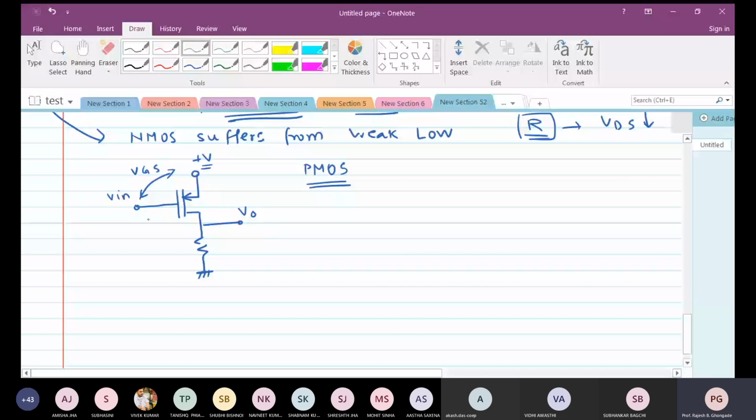So what is going to be the picture now? When VG, or Vin, which is nothing but your VG, is equal to 0, then the device is on.